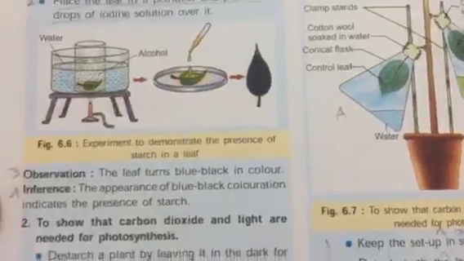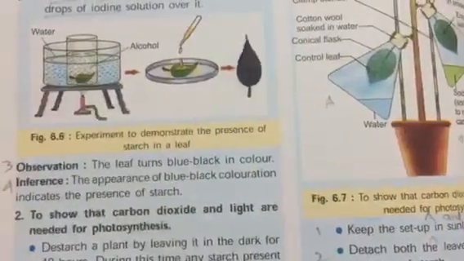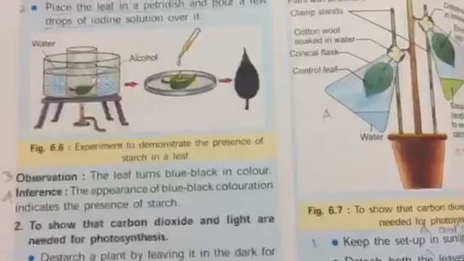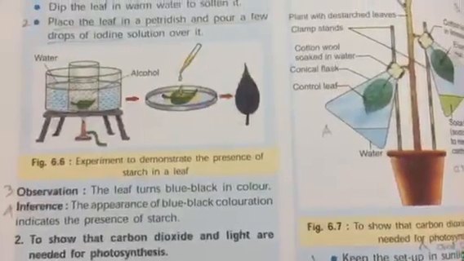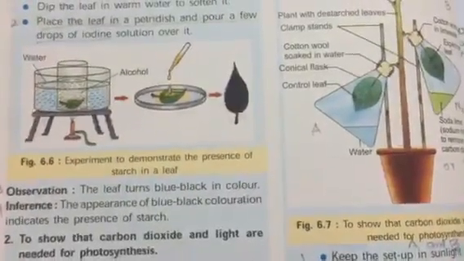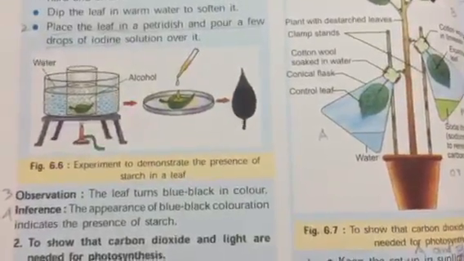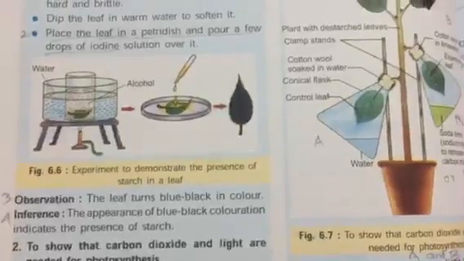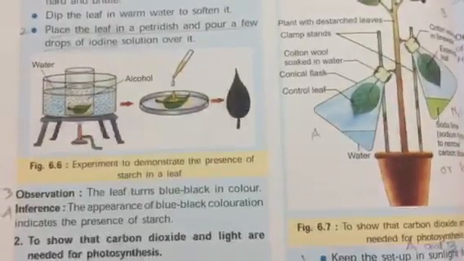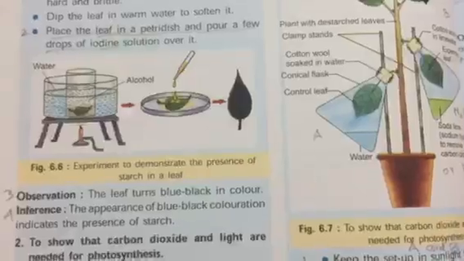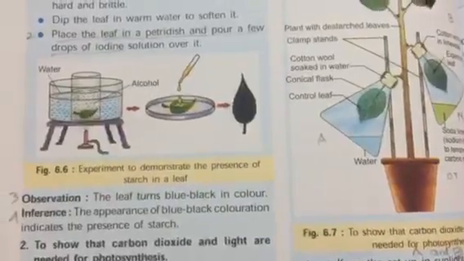Then third is observation and inference: the leaf turns blue-black in color. Fourth is conclusion: only starch can turn iodine solution blue-black.